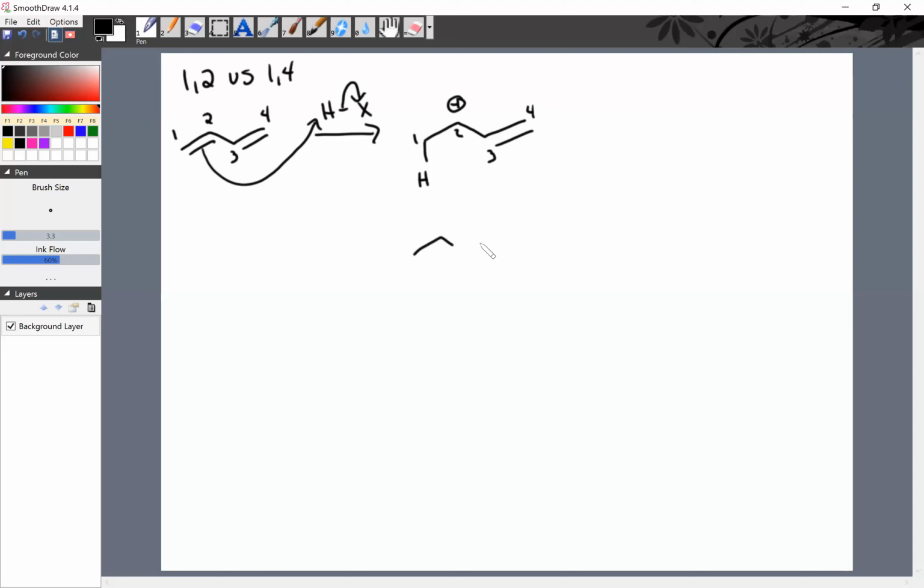So this would go over there, and it would put the positive right there. And again, our locations, 1, 2, 3, 4. Now, if you have your nucleophile, it's going to come along and attack that carbocation.